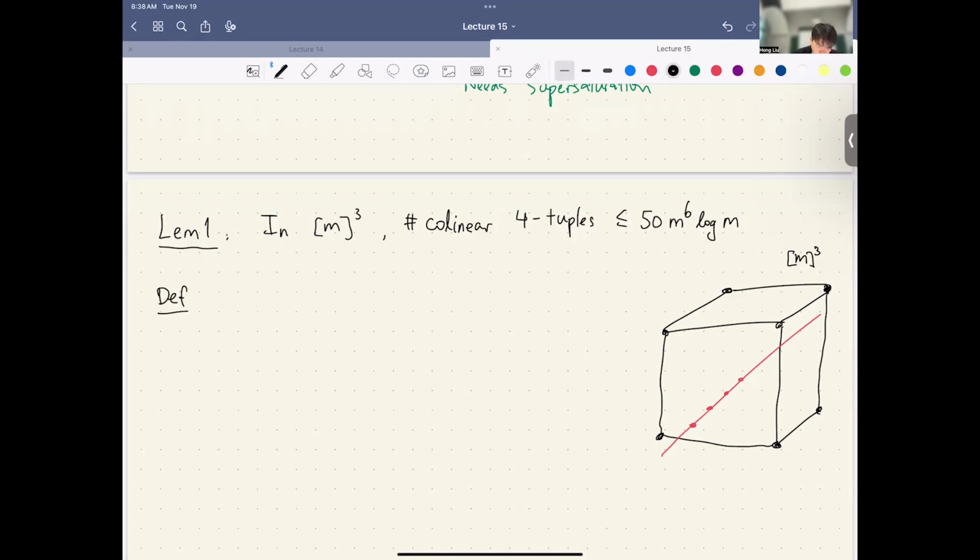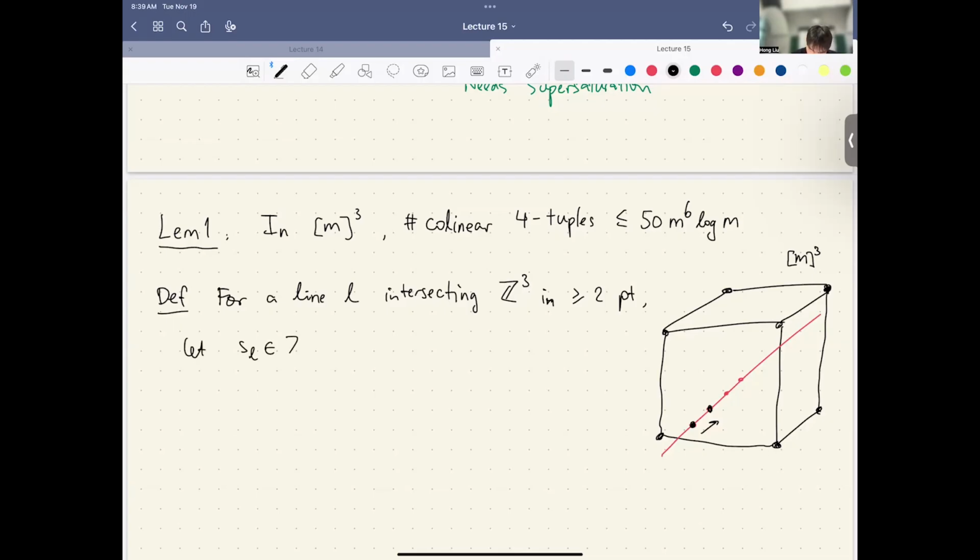For a line L intersecting the integer lattice in at least 2 points, whenever it goes through at least 2 points, then we can define its direction by the difference of these 2 points.